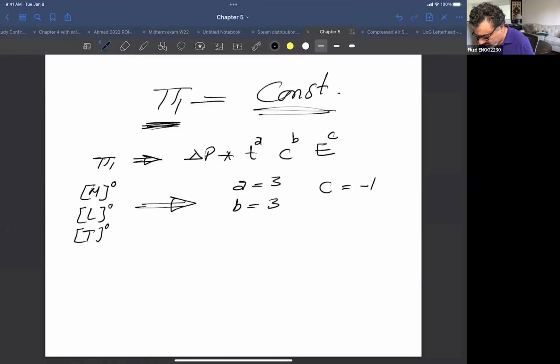What is this telling you? That this Pi 1 is basically delta B, t cubed c cubed divided by energy.